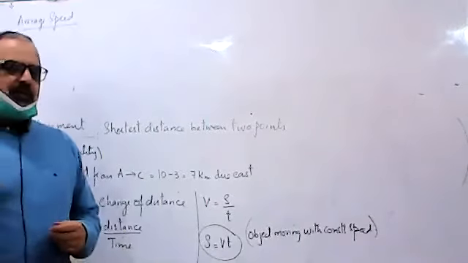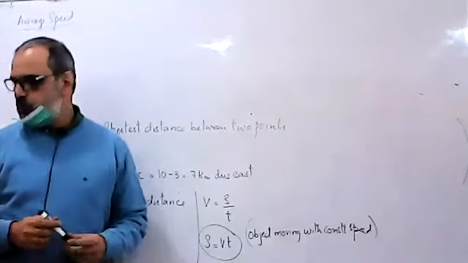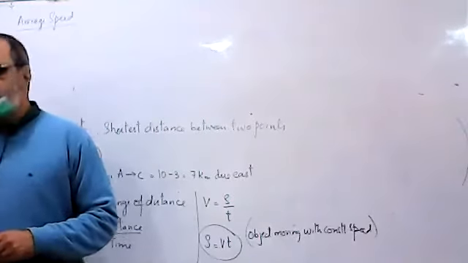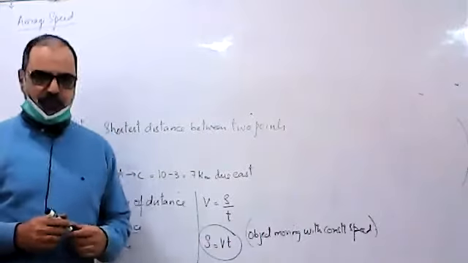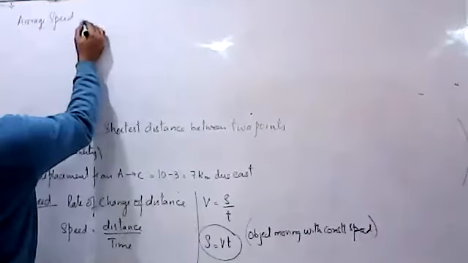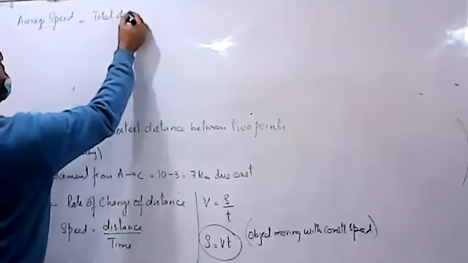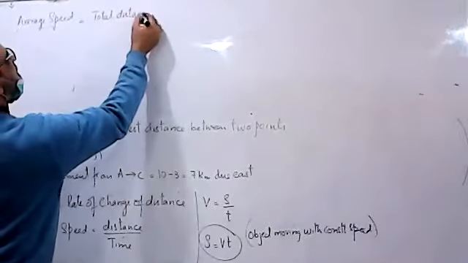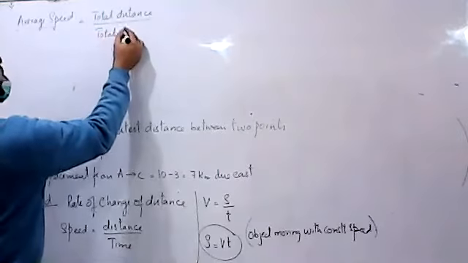That is, the average speed is given by the total distance traveled over total time. But we use the average speed when the object is moving with changing speed. If the speed is not constant, then average speed is equal to total distance divided by total time.